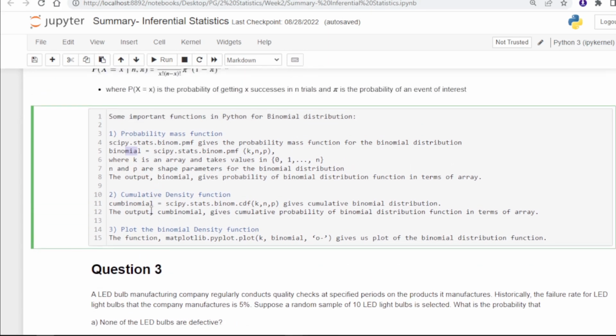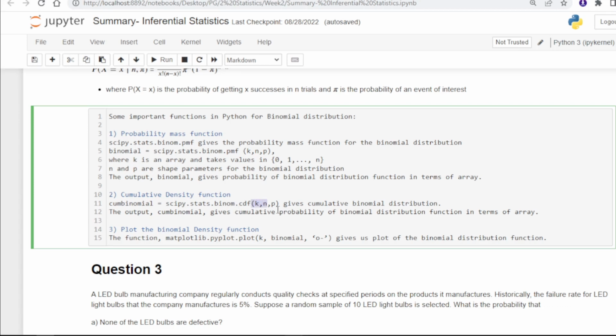Now we have the cumulative distribution function, CDF. Basically we get it for the cumulative binomial, and here we store it in a variable. So we write it like this: scipy, in that we have stats, in that we have binom, and we call just cdf.